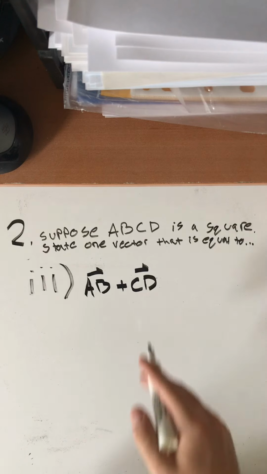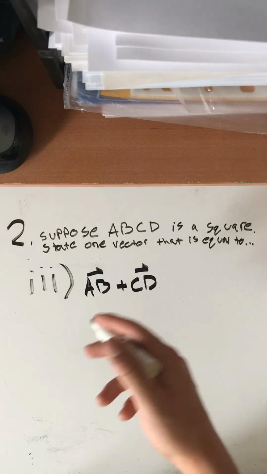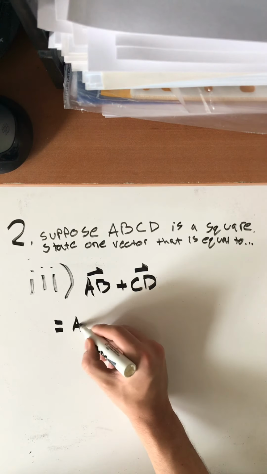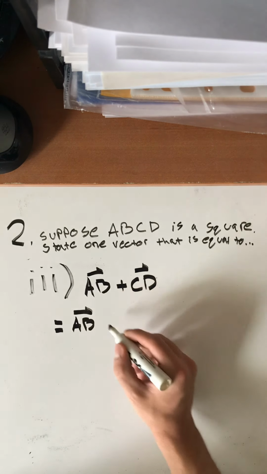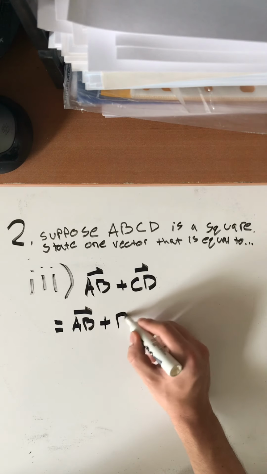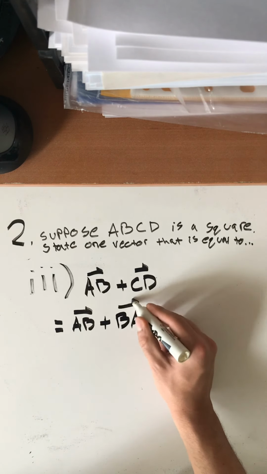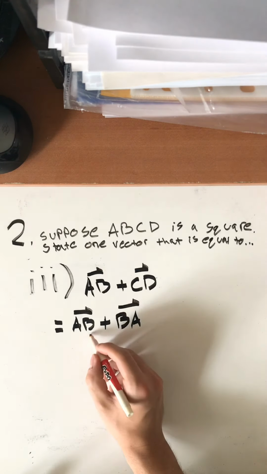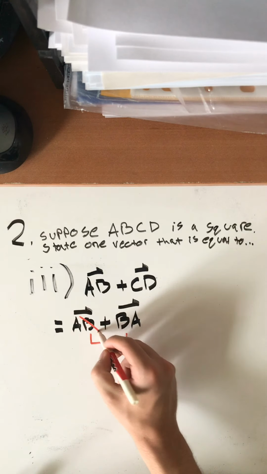So we now know here that vector CD also equals vector BA. So let's rewrite that. Vector AB plus the new vector that we found, vector BA. We use the rules that we found in our first question to cancel out the like terms.